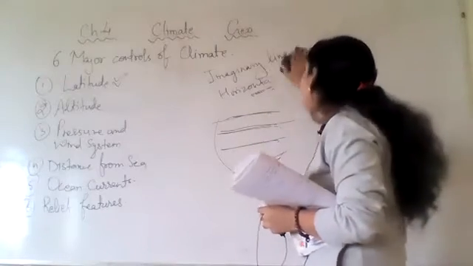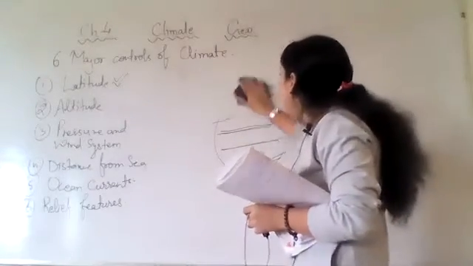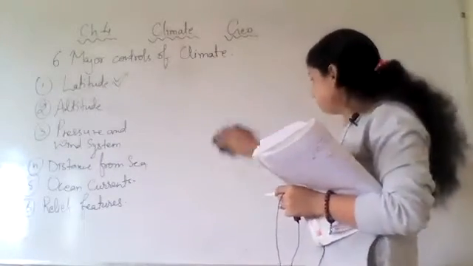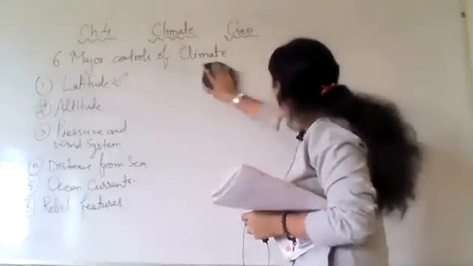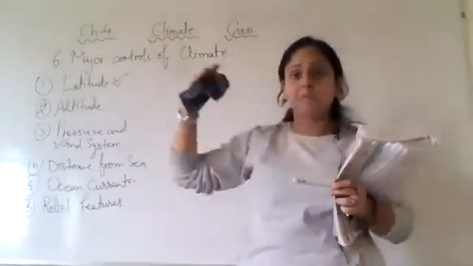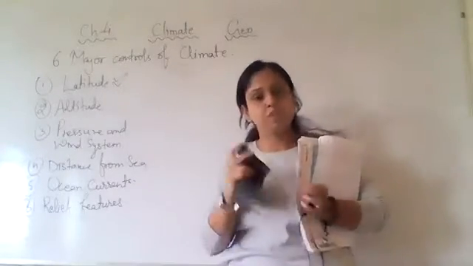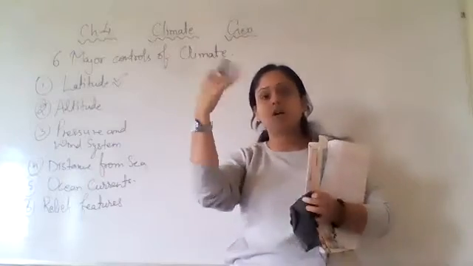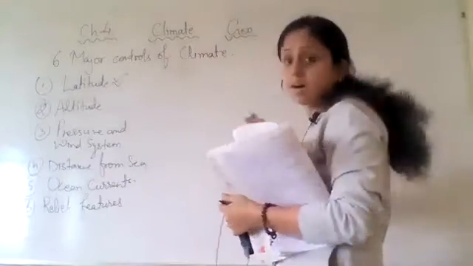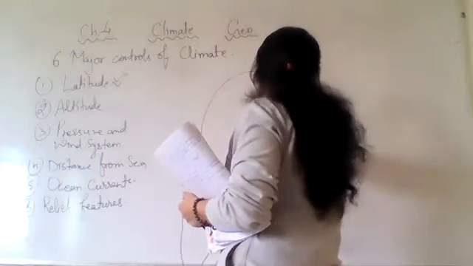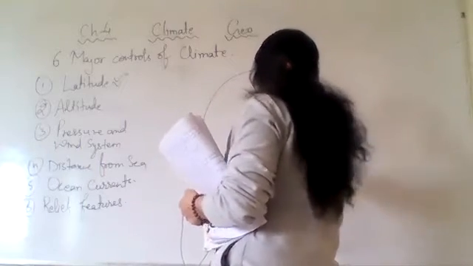Now, yesterday I was saying to keep the globe in front of your face. That means the height at which you keep the globe and your face should be the same when you see the globe. Because how is our Earth? Our Earth is tilted. It is not straight.